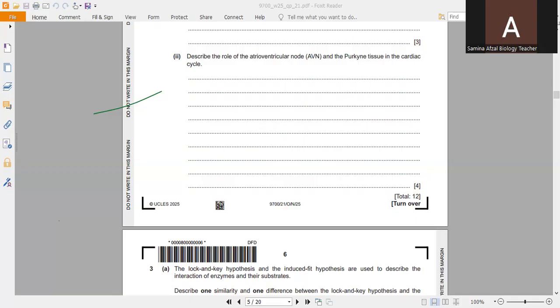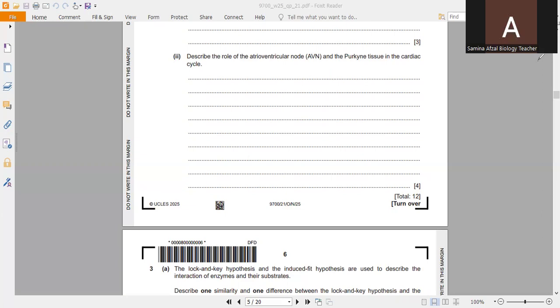So I'm going to write. First of all, the role of the atrioventricular node.